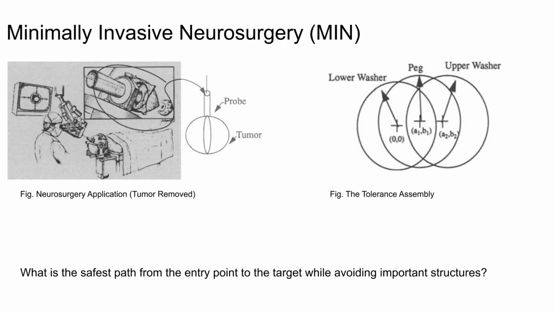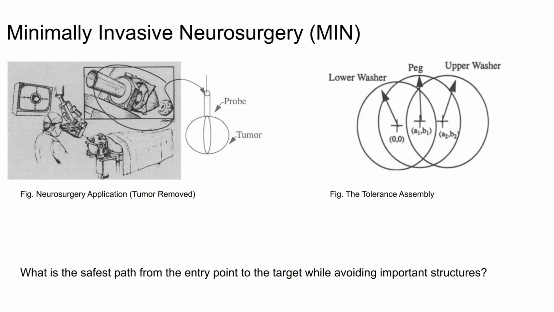Instead of creating a large opening and directly accessing the targeted area, minimally invasive approaches use carefully planned trajectories to reach specific regions of the brain. These trajectories are determined using medical imaging and coordinate-based localization methods.